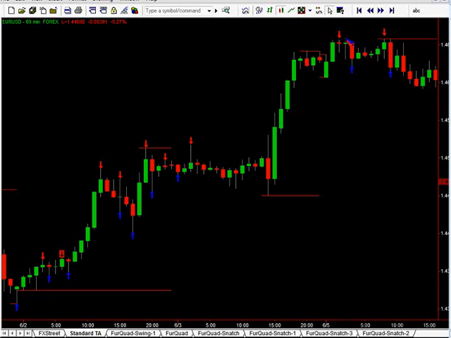At this point of the chart over here on the right, follow the sequence of events: higher swing high, higher swing low, higher swing high, and there is your lower swing low. So in this case, the lower swing low developed before a lower high developed. And that literally is the only difference between the two things.